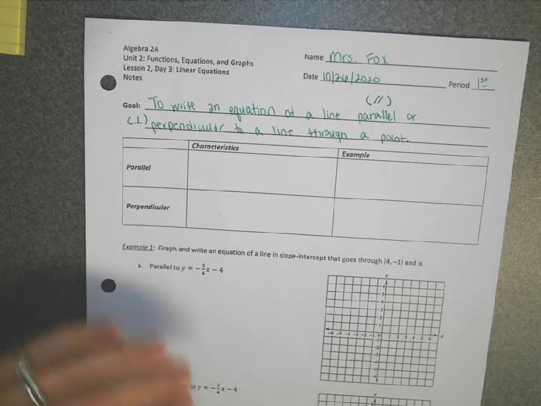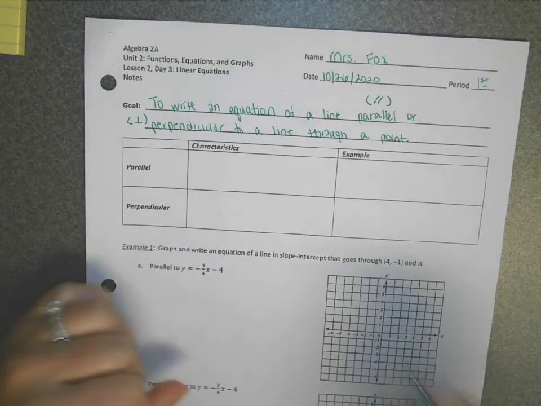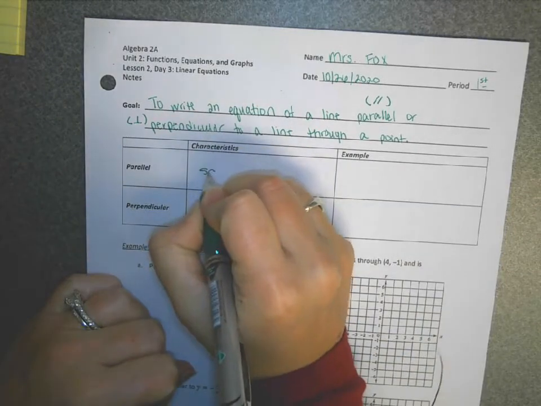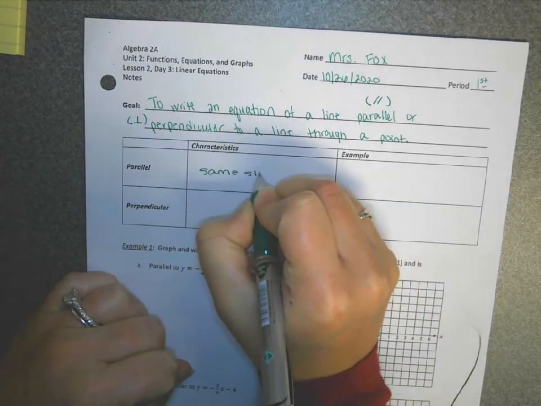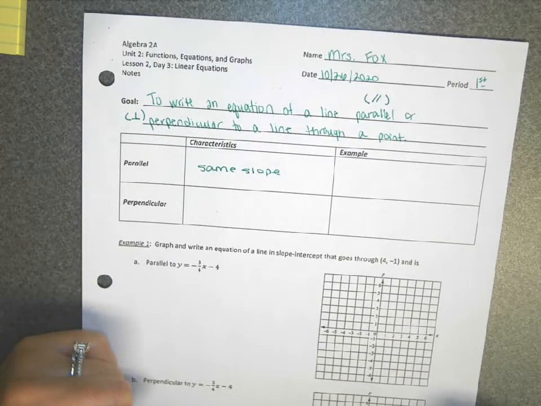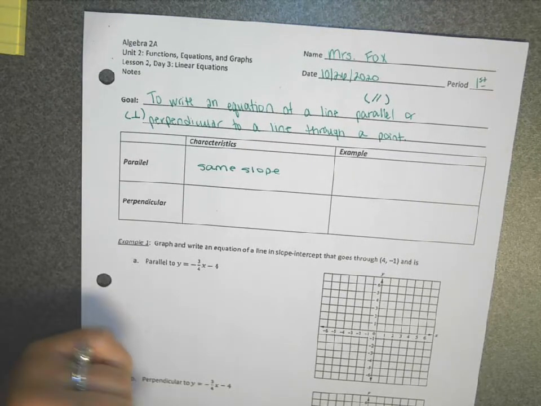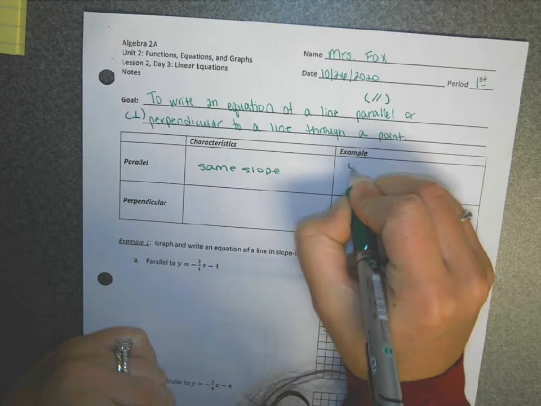So characteristics of parallel lines. If you have two lines that are parallel, they look like they're running in the same direction, so they are going to have the same slope. Okay, so I'm going to give you two equations here of lines that might be parallel, or that are parallel.